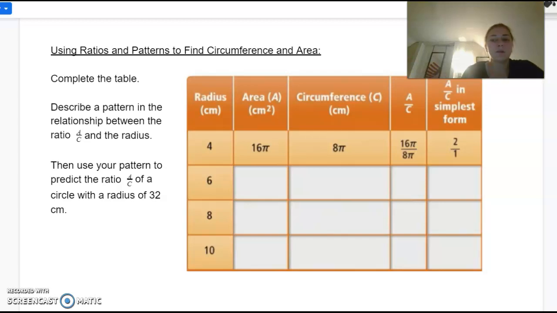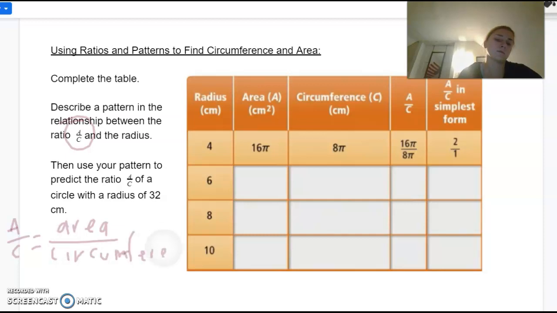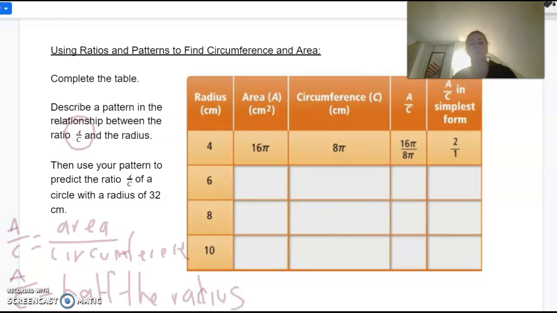All right, so we know here A divided by C, area divided by circumference, is equal to half the radius. That's what we're going to learn. Okay? So let's look over and make sure that we know that's true.